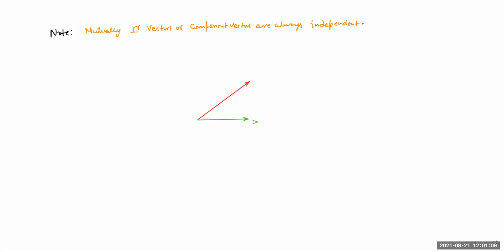I can choose any variety of vectors, but I choose mutually perpendicular components. So this is my actual vector. Let's call it A, and I'm calling this AX. This is AY. And now from the triangle law, we know that the sum of these two vectors will produce the same effect as this vector is producing.